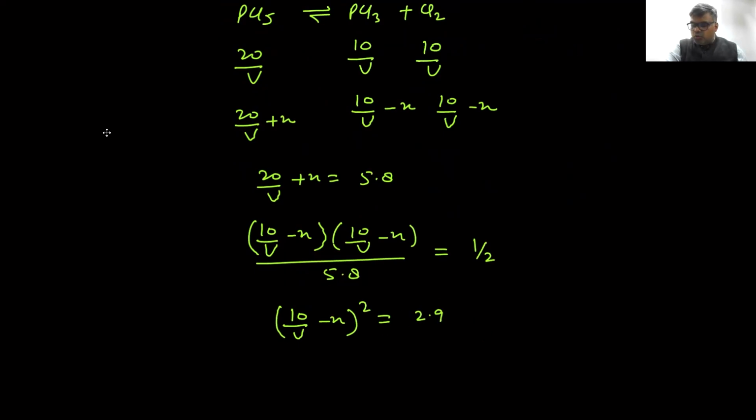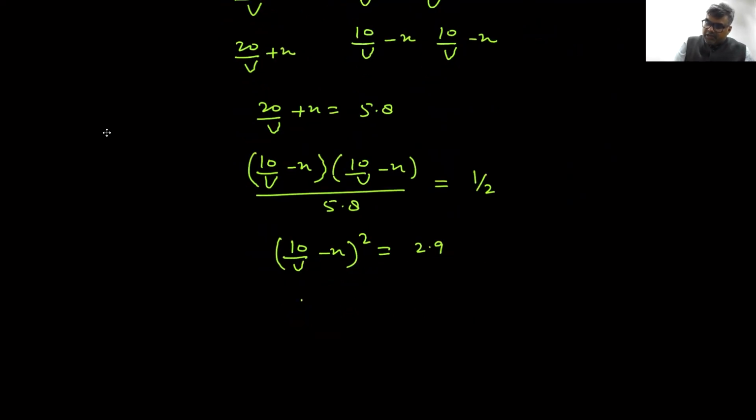Take approximately the root of 2.9, it will be approximately 1.7 because 1.7 square is 2.89. Can I write it as 10 by V minus X is equal to 1.7?